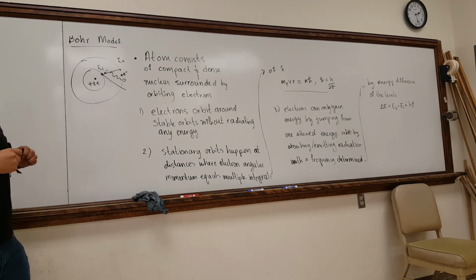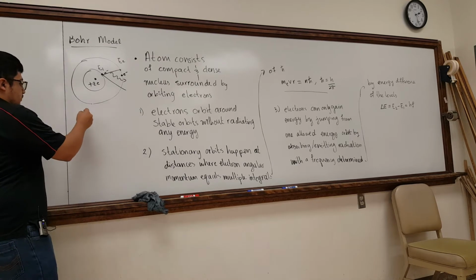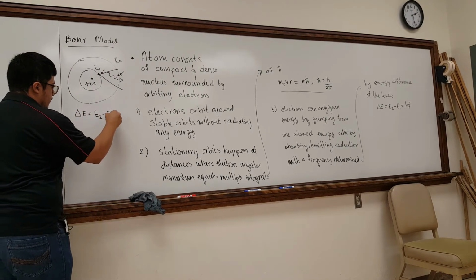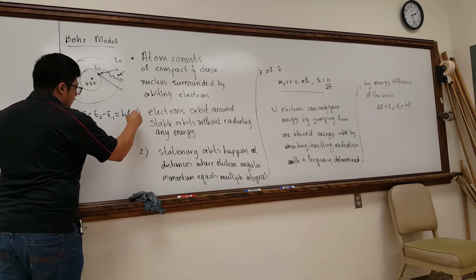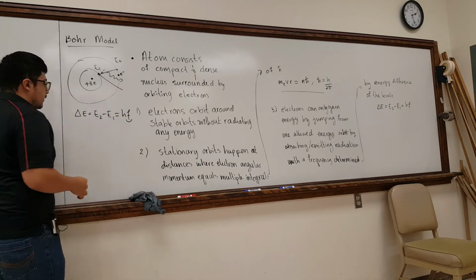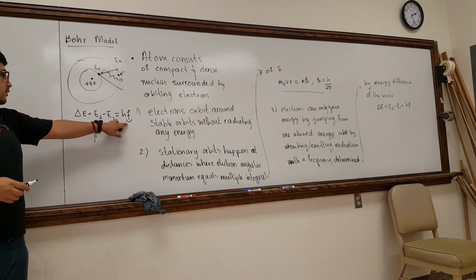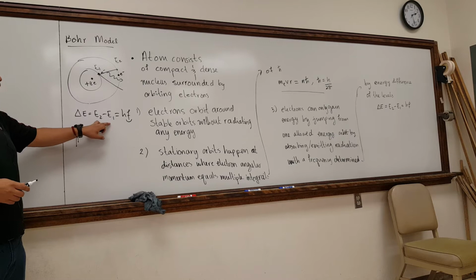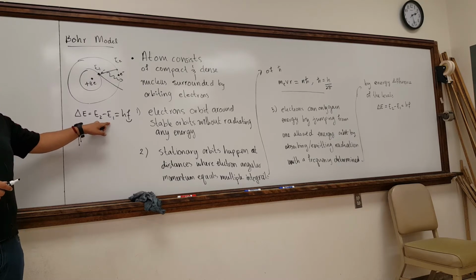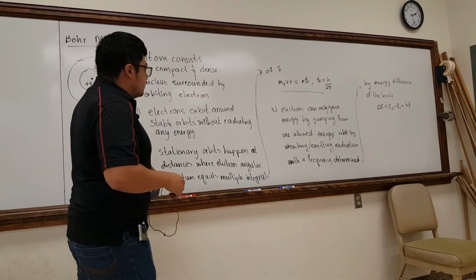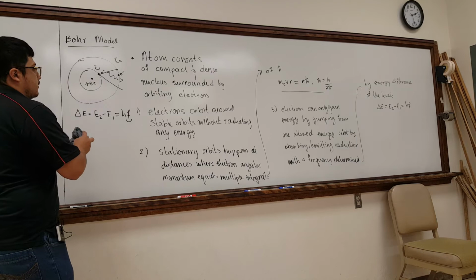So that's what you see in that equation over there: the energy difference, E2 minus E1, is equal to hf. So this frequency of light has to match the energy difference between those two energy states, otherwise there's no transition between the energy levels. So how does this help us understand the Frank Hertz experiment?